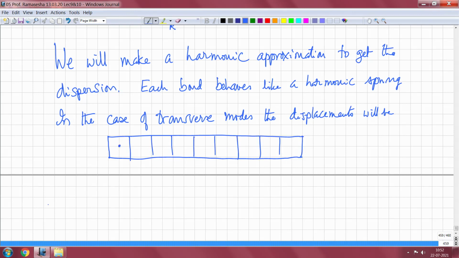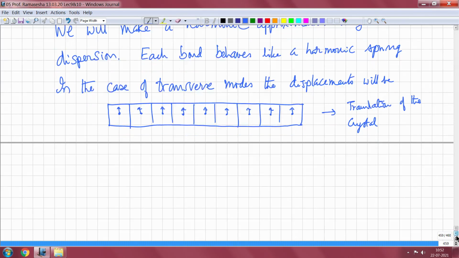So, if at this atom in the transverse direction it moves up, this one also moves up, this one also moves up, this also moves up, all by the same amount. So, this means translation of the crystal. Again it has no impact on the internal energy of the crystal, and so nothing changes.